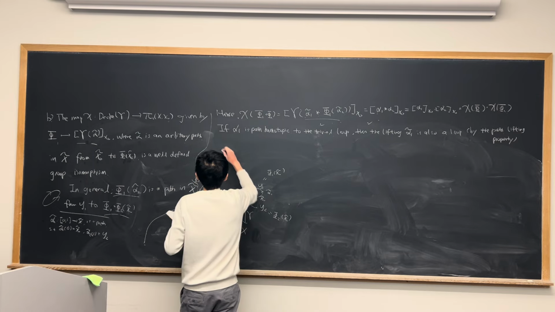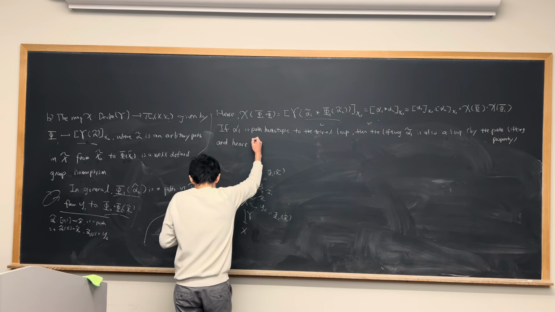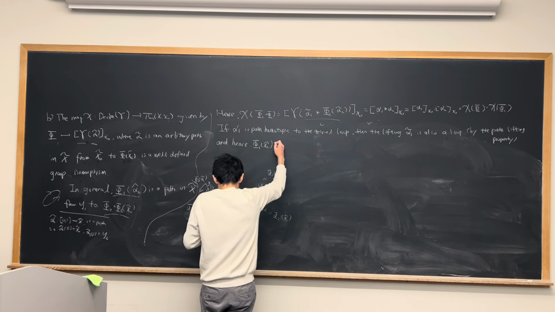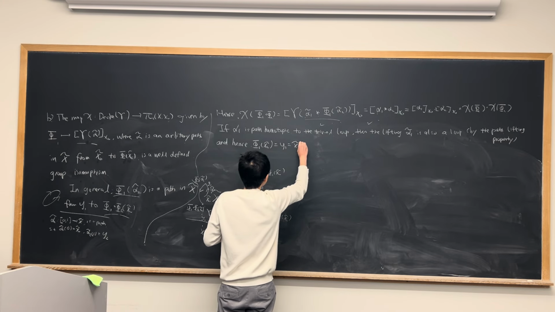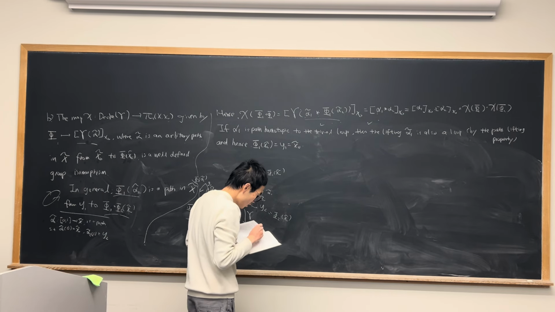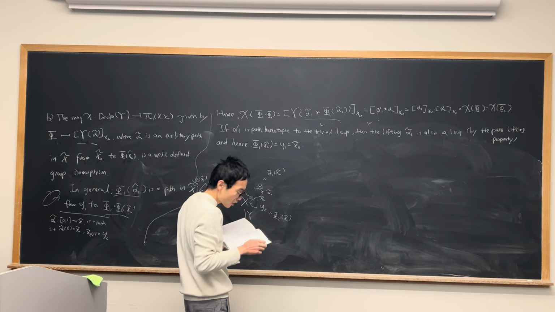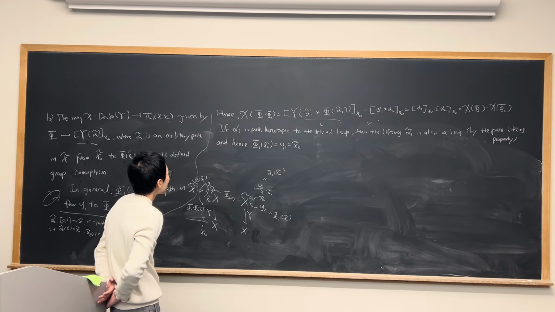And hence you have this phi 1 of x naught tilde, which is equal to y1, which is equal to x naught tilde. Okay, so let me see what happened here. Okay, so if alpha 1 is the trivial loop, then the lifting is also a loop.